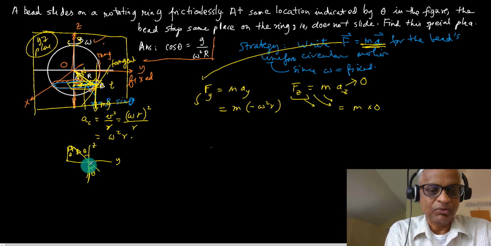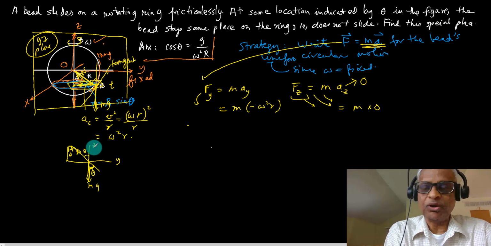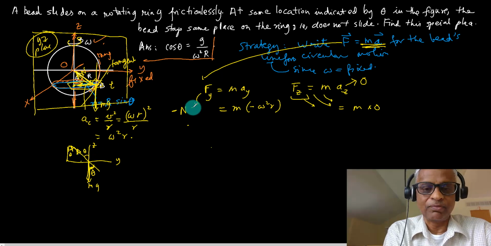So mg has no y component. So the y component is all from the normal, a negative y component, N sine theta.